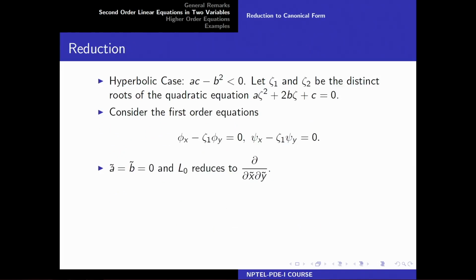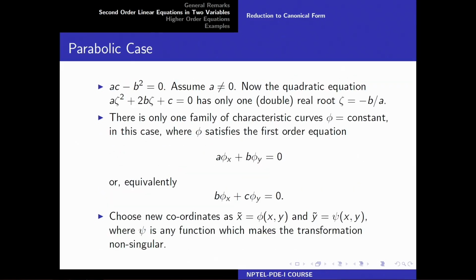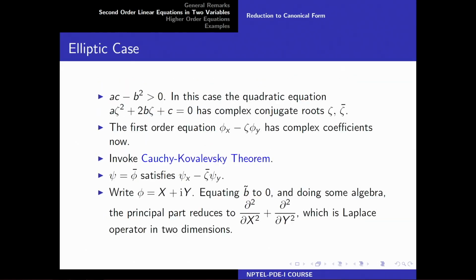So, you do get an equation, and using this new change of variables, namely capital X and capital Y, this is a little tricky algebra and a lengthy one, so I am avoiding that. You just do that algebra and see that the principal part reduces to del square by del X square plus del square by del Y square.